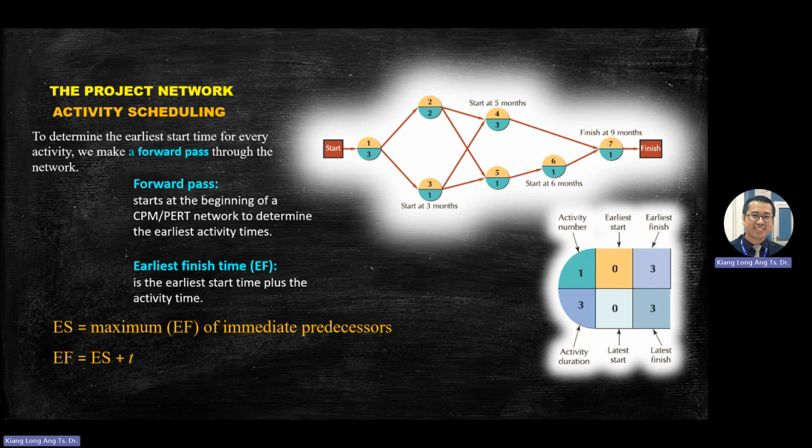This one you copy from the immediate successor. Later I'll explain this. How to get this number? You take this number plus this number equals this number.